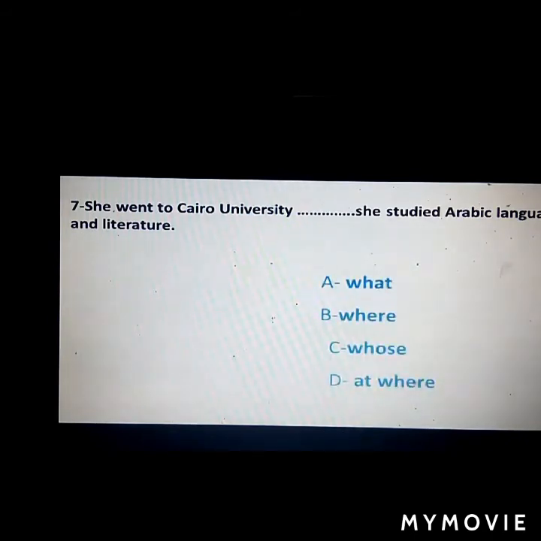She went to Cairo University ___ she studied Arabic language and literature. Where means in the university.